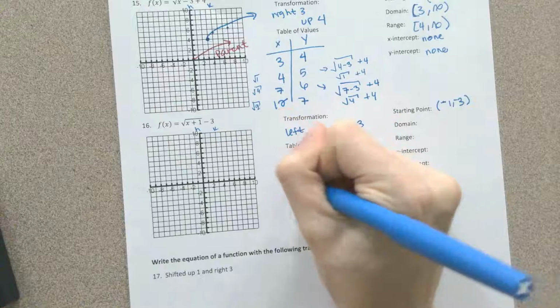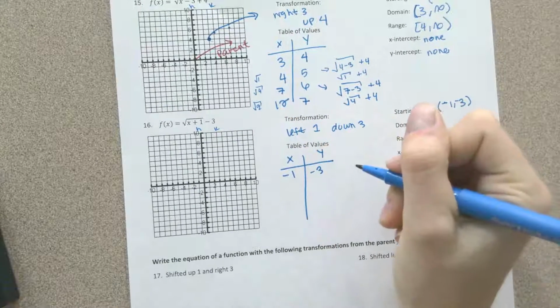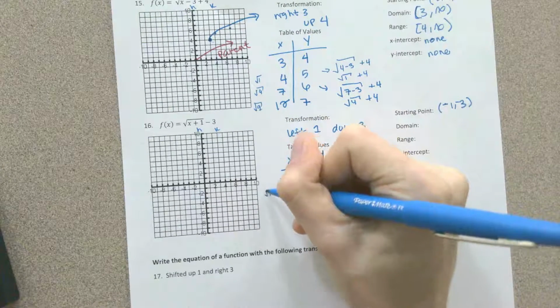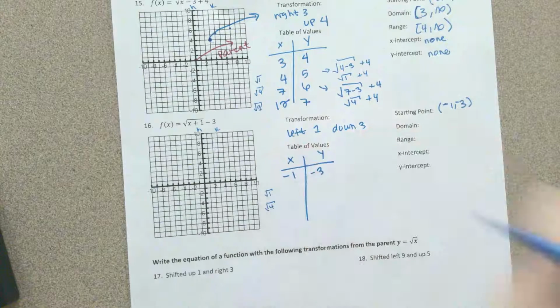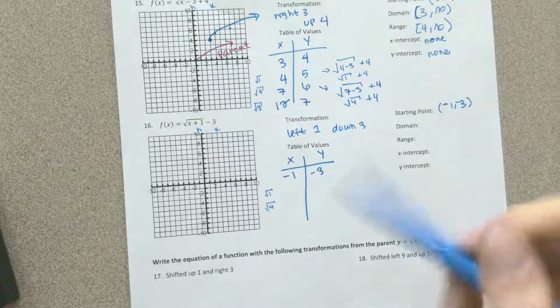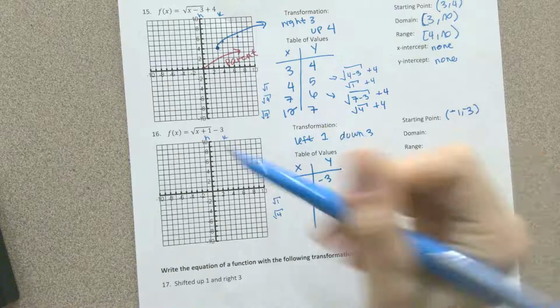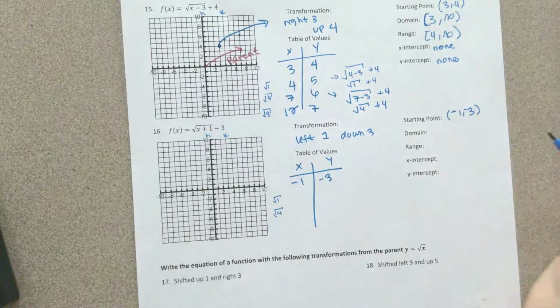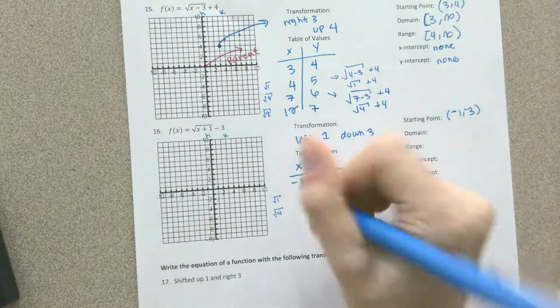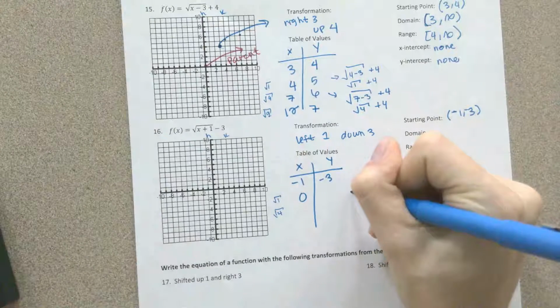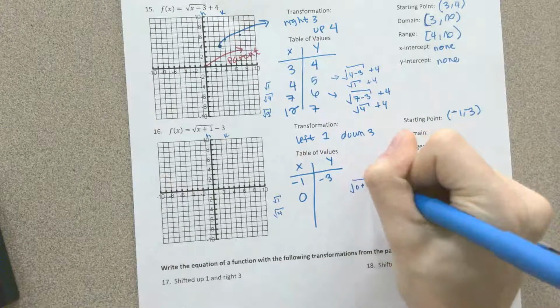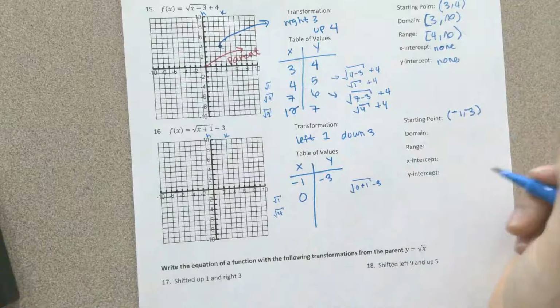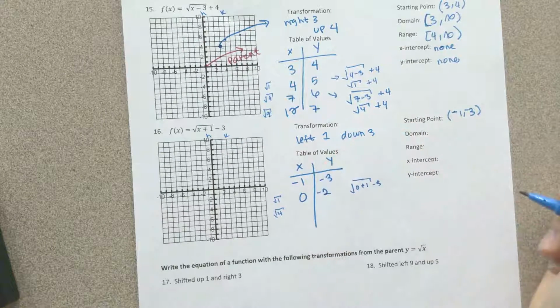I know my lowest is -1, -3. We want to get the square root of 1, the square root of 4 here. So taking 0 plus 1 will get me the square root of 1. So if I use 0, then I'll have the square root of 0 plus 1 minus 3, which gives me 1 minus 3, which gives me -2.